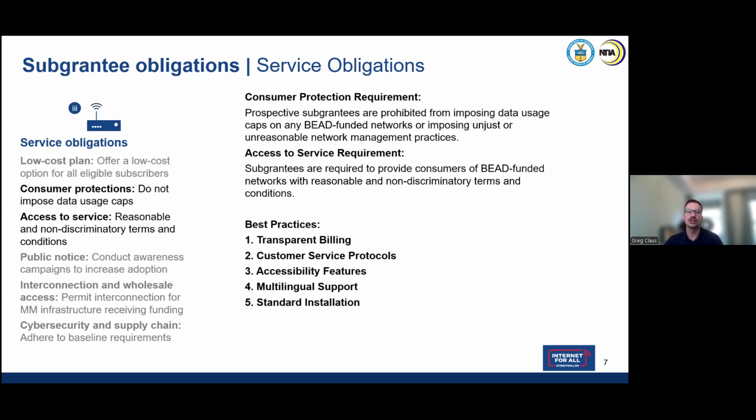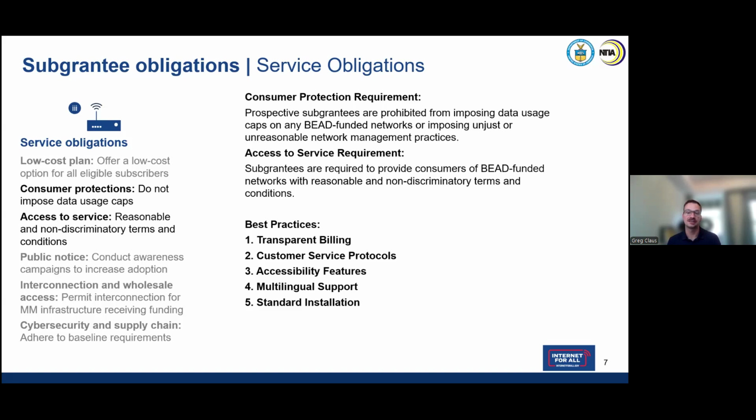Moving on to the consumer protection requirements and access to service requirements, we'll lump these two together. Prospective grantees are prohibited from imposing data usage caps on any BEAD-funded networks or imposing unjust or unreasonable network management practices. Access to service requirement is that subgrantees are required to provide consumers of BEAD-funded networks with reasonable and non-discriminatory terms and conditions.